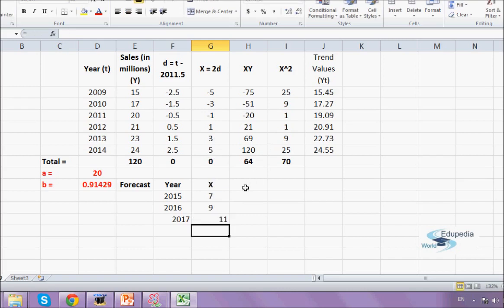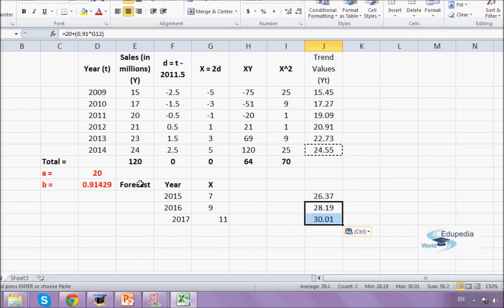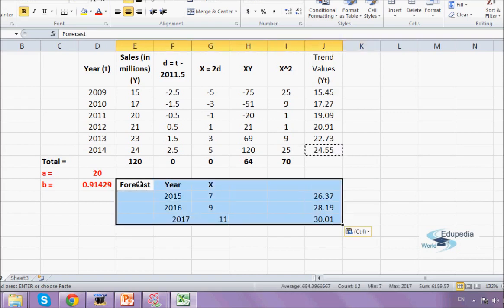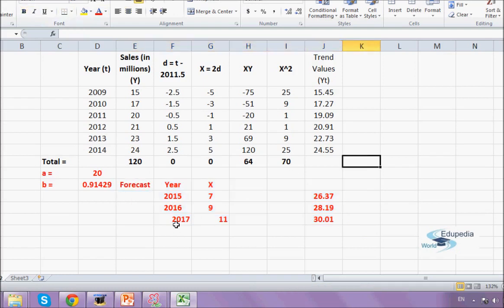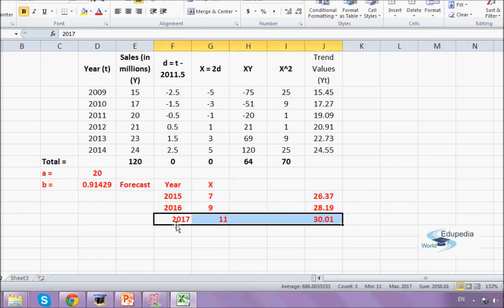Okay, and then I can just take the same formula from here, and my forecast values will be these. So these are the final values we have for the forecast of the years 2015, 16 and 17.